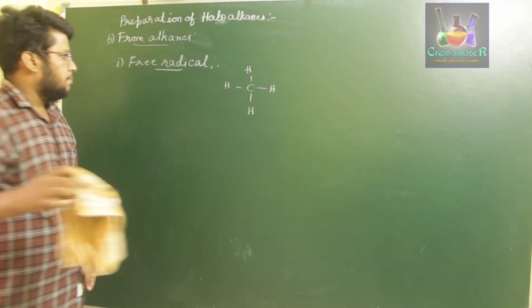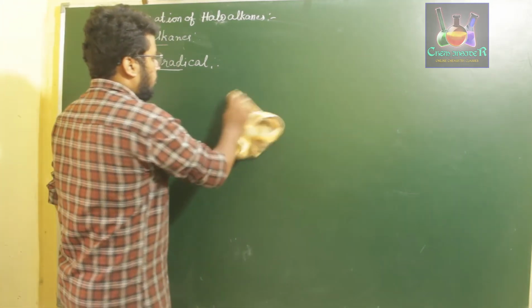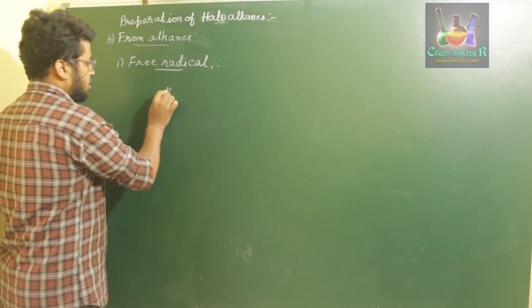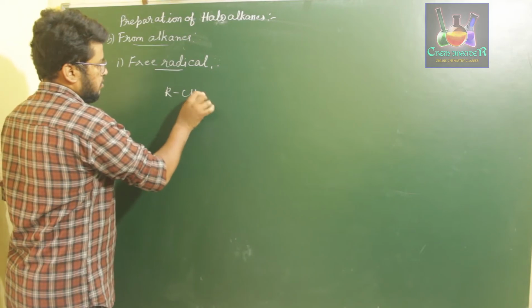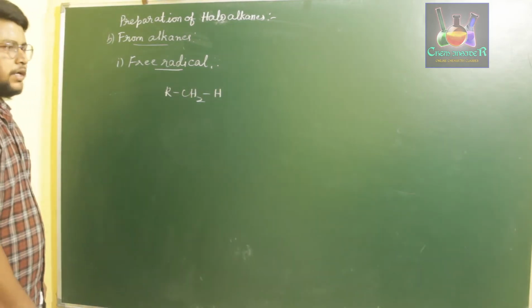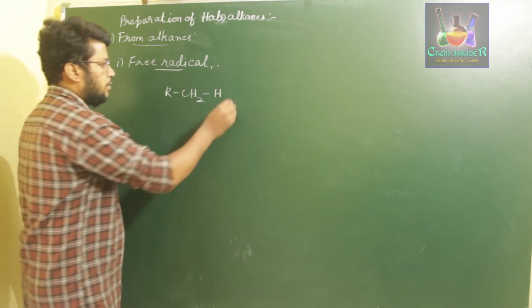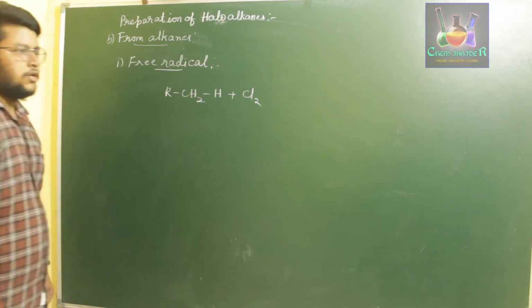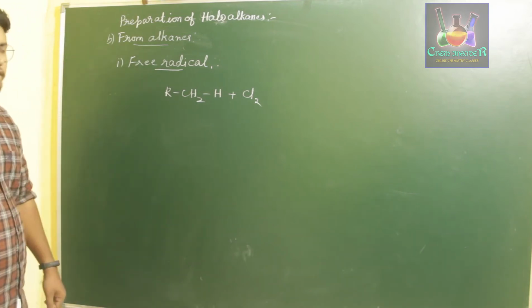So for example, when we treat an alkane compound, let us say RCH2H. So this is our alkane compound. We are treating this alkane compound with a molecule of halogen, let us say chlorine. Usually what we do is we carry out a chlorination process.